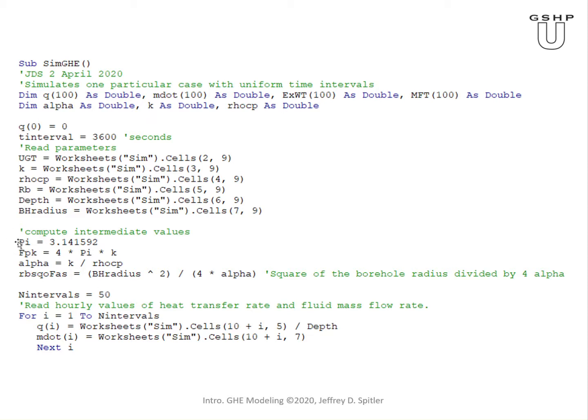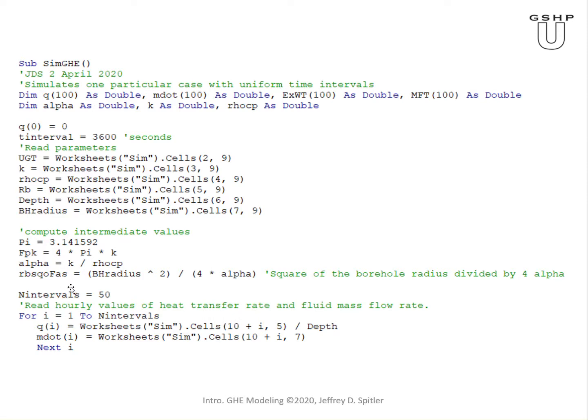We have some intermediate values. Well, we need a value of pi, and FPK, 4 times pi k, where alpha is the thermal diffusivity of the ground, K over rho CP. And then this oddly named parameter, which is something like radius of borehole squared over 4 alpha of soil.